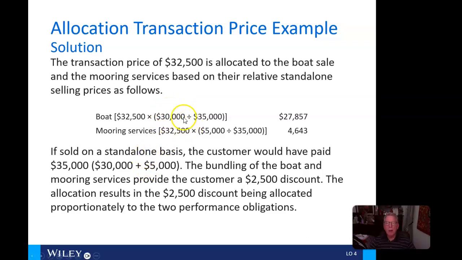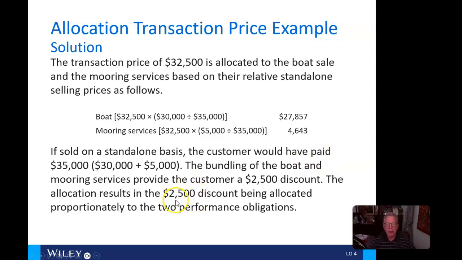And now we'll take $30,000 as a percentage of $35,000. We get $27,857 for the boat, and $5,000 divided by $35,000 to get $4,643 for the mooring services.